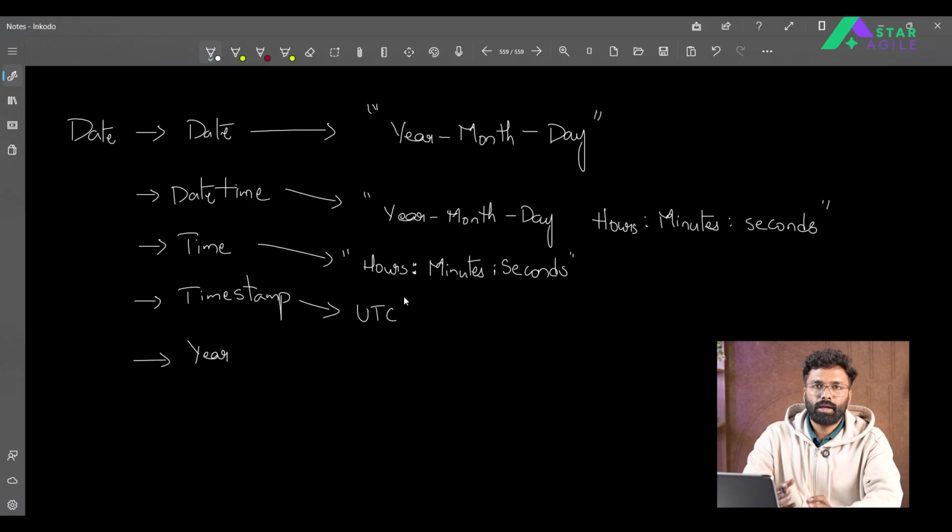Country-wise we have different timings, but globally you will have one particular timing which we call Universal Time Coordinated. We used to also call it Greenwich Mean Time in the past. Now we call it Universal Time Coordinated, which is one globally common timing.